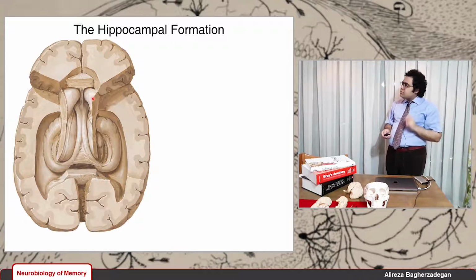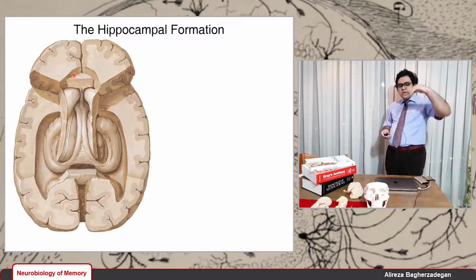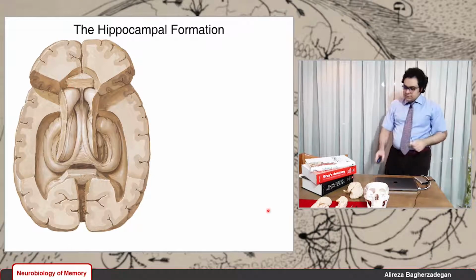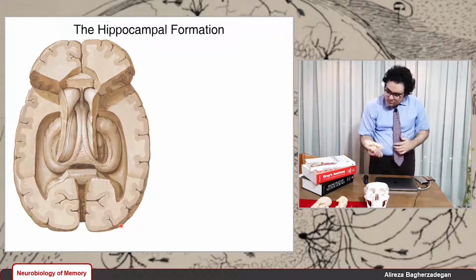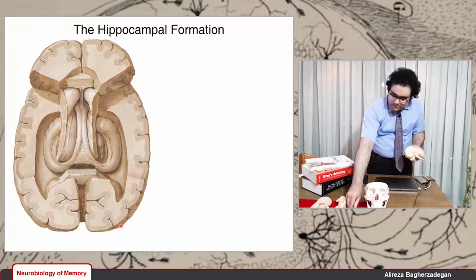So the neuroanatomists have removed the corpus callosum, but they have left a part of that. This is the genu of the corpus callosum, the anterior bend, the bend in the frontal part of the corpus callosum. This part.